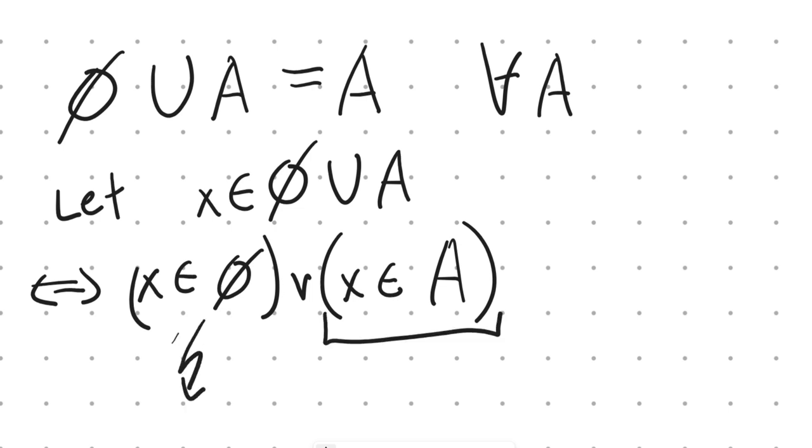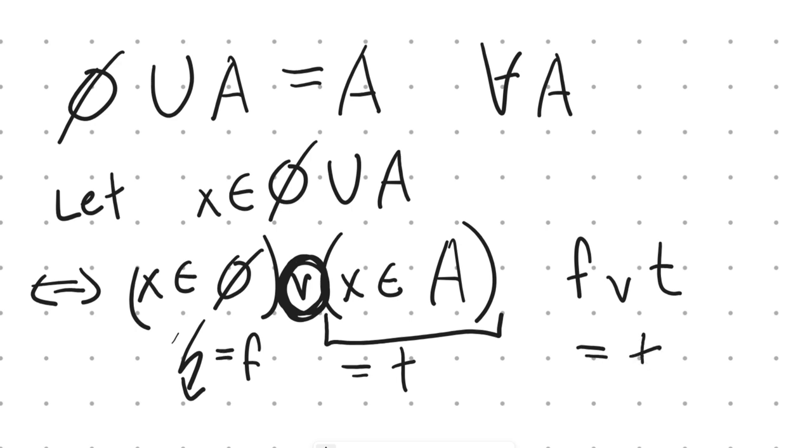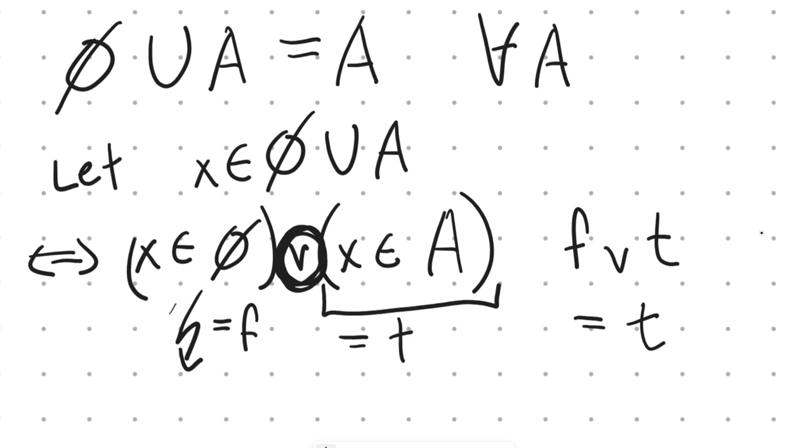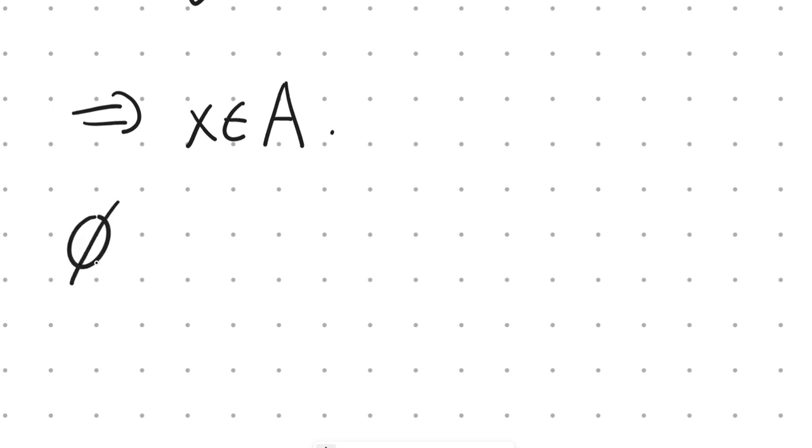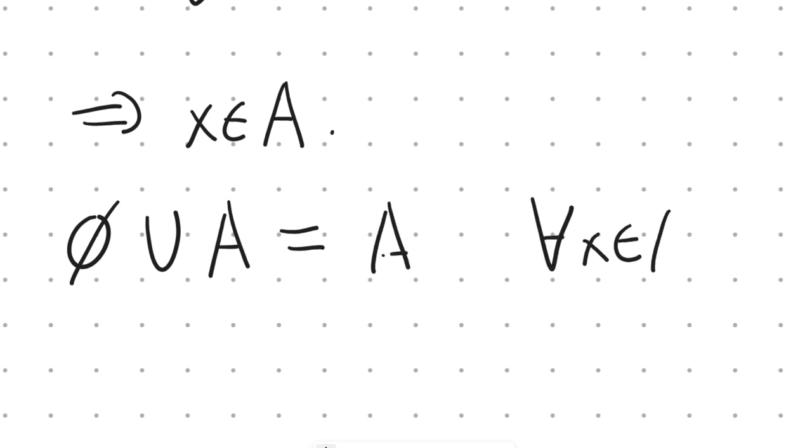But since we have an "or" as a logical symbol, we can take this to be a false statement and this to be a true statement. If we have a false or a true statement, then we have a true statement. So X is in A, so we can imply that X is in A. So from the empty set union A, we can say A, since every X is in A for all X in A.